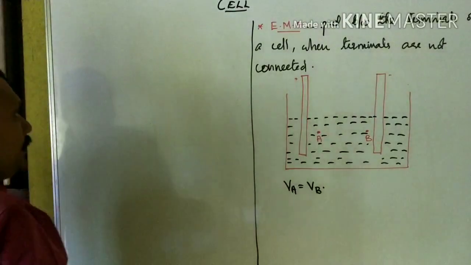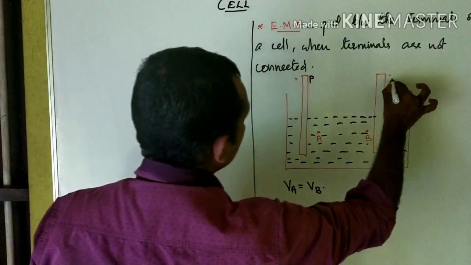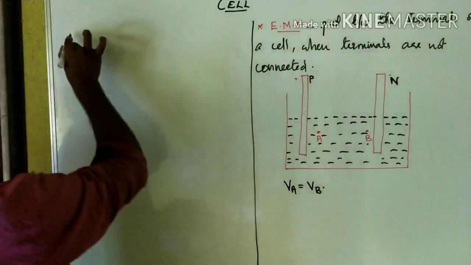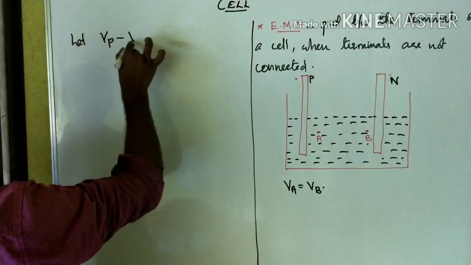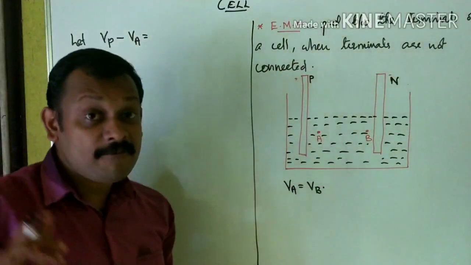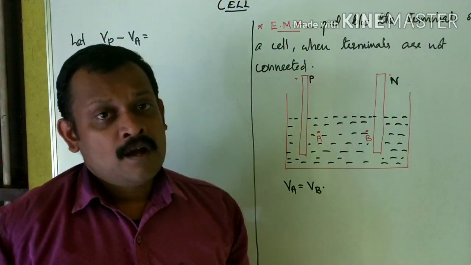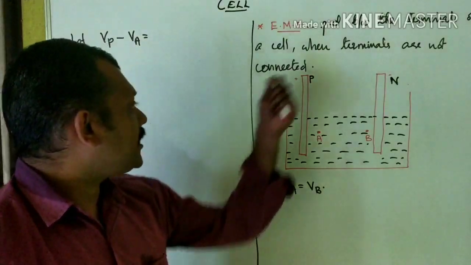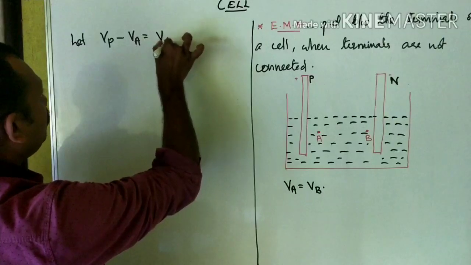Okay. Now let us call this P and let us call this N. Let Vp minus Va, the potential of the positive plate with respect to the electrolyte, be V plus.